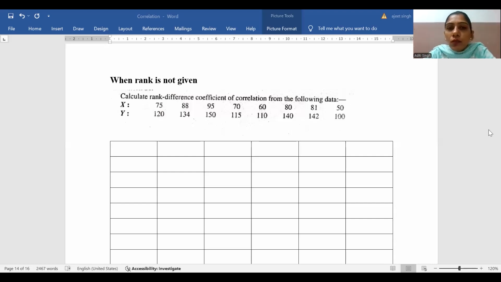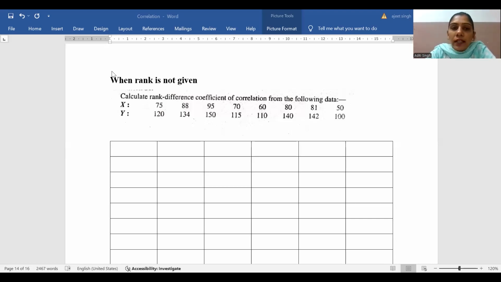First of all, we have to arrange the data and assign ranking to the given series. In this question we have two series, X and Y, so we first assign ranks to them.